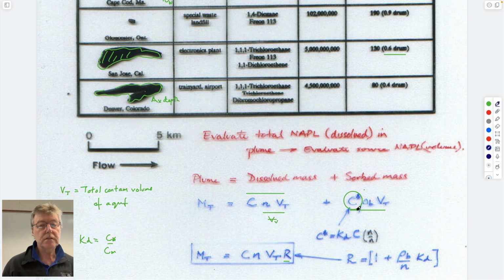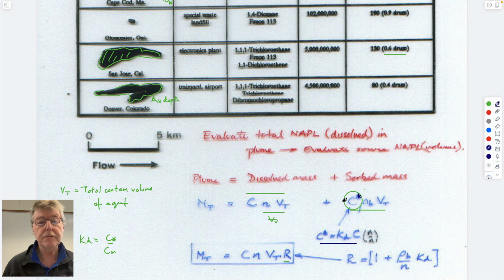And so if you want to include that, you need this extra term. And if you substitute the definition of the distribution coefficient for C star, the amount on the solid, it actually ends up being 1 plus this term here, which very conveniently works out to be this extra added portion.